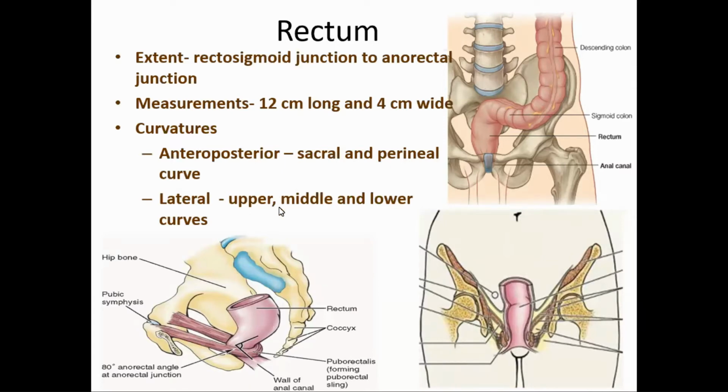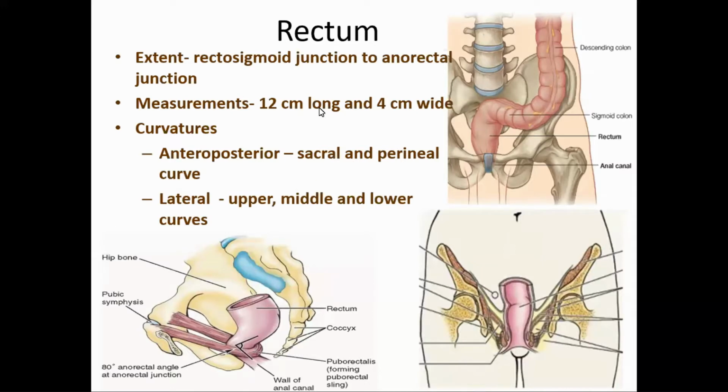Rectosigmoid junction lies in front of the third sacral vertebra, and anorectal junction lies 2 to 3 centimeter in front and slightly below the tip of coccyx. Measurements: the length of the rectum is about 12 centimeter, and breadth is about 4 centimeter.